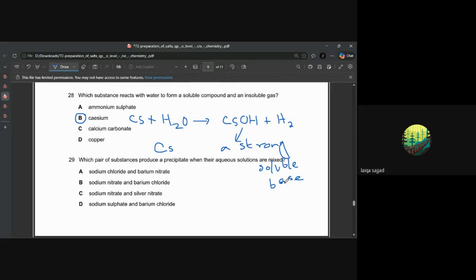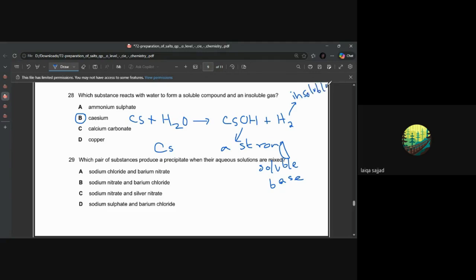So which substance reacts with water to form a soluble compound and an insoluble gas? The hydrogen gas that will be released is insoluble in water, and that's why it escapes as bubbles, because this is insoluble. So the correct option will be cesium.